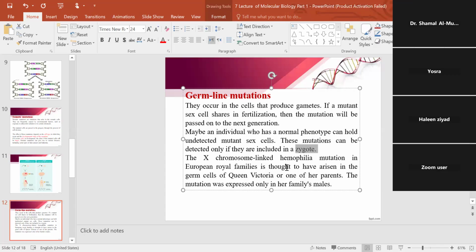There is a disease called hemophilia. This is hemophilia in the European royal families.